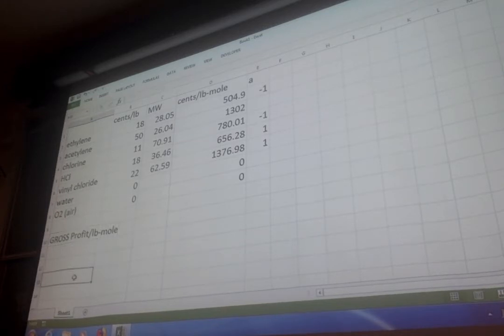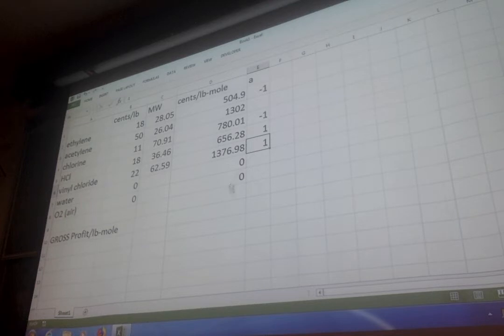So the gross profit per pound mole, we gain money for everything that is product. The vinyl chloride will give us money. Also, potentially, the HCl will give us money; we could possibly sell it. So it's the sum of the product of every element of this column with an element of this column. You can do it in separate columns, but there is an Excel command.